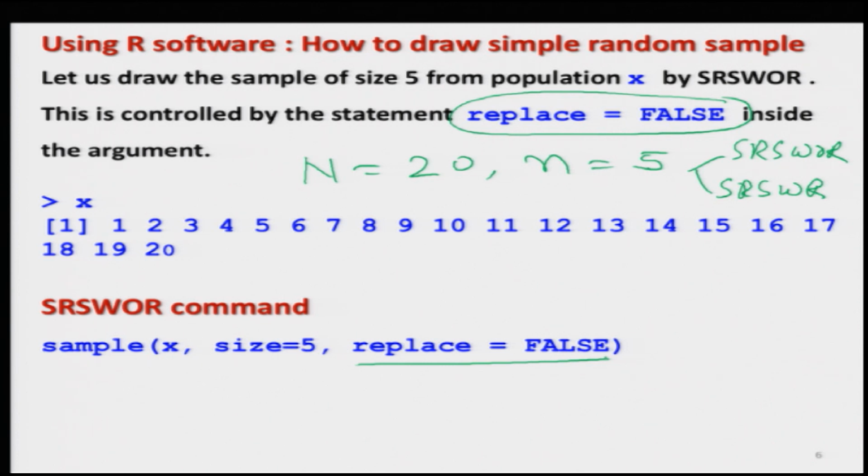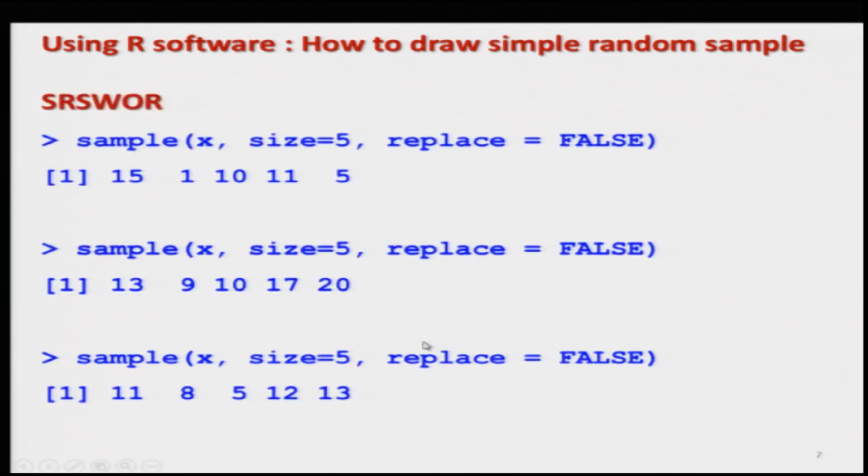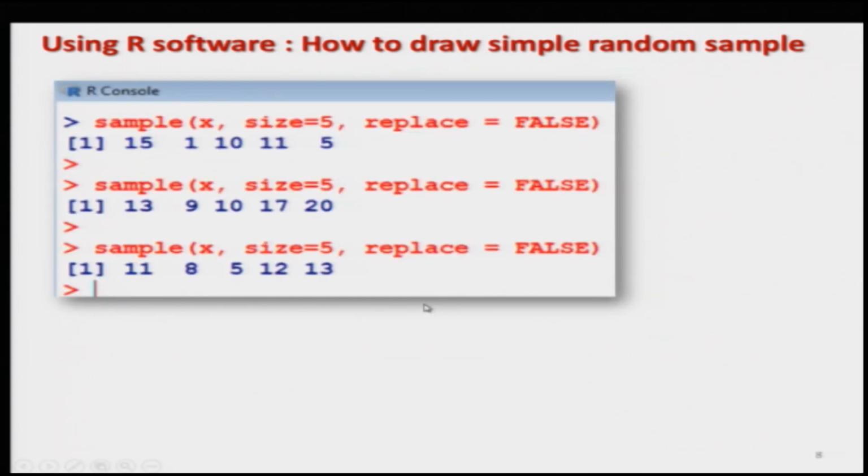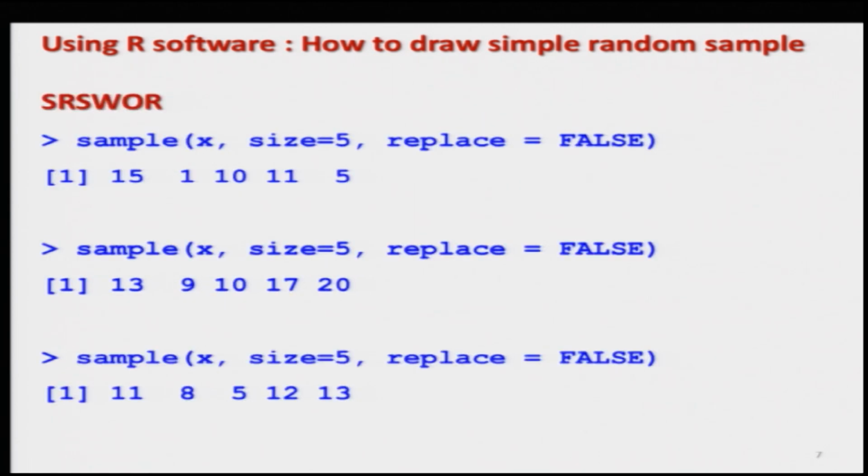So, the entire command to choose a sample of size 5 from the population of size 20 given in the data vector x is sample(x, size = 5, replace = FALSE). I am executing this command on the R console, and in the next slide you can see the screenshot, but let us first understand.